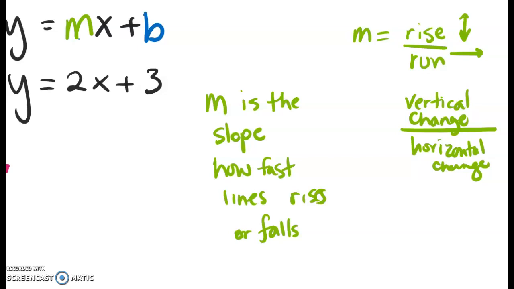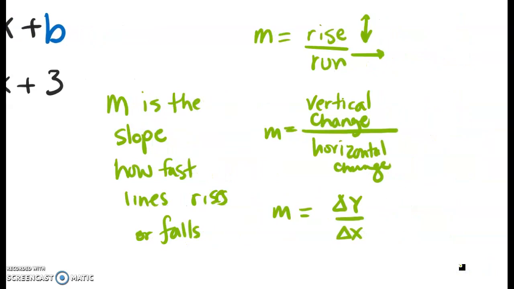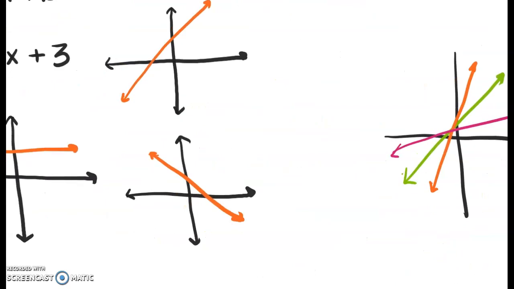The formula to find the slope is defined as the change in y over the change in x. This triangle means the change in. It's the Greek letter delta. So our formula, if we have 2 points, you label the 2 points x1, y1, x2, y2, and you find the difference in the y coordinates, divide it by the difference in the x coordinates, and you'll find the slope.